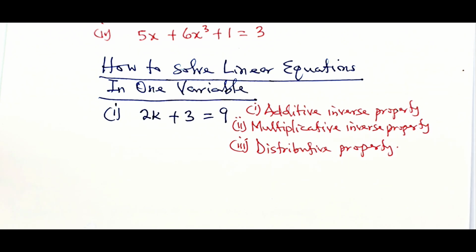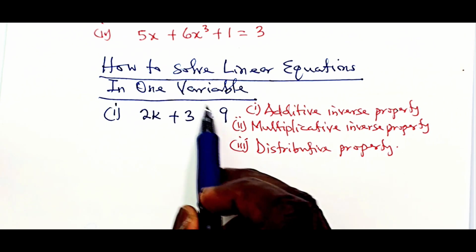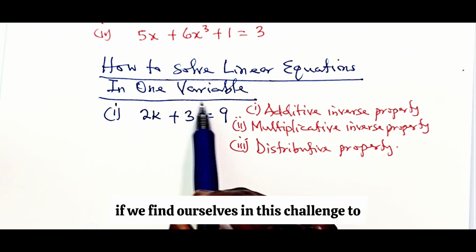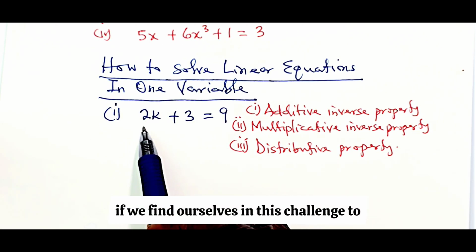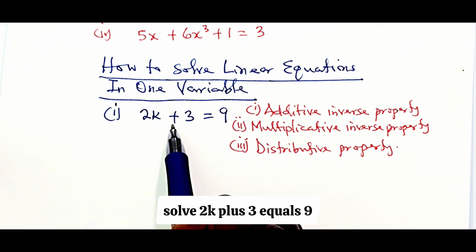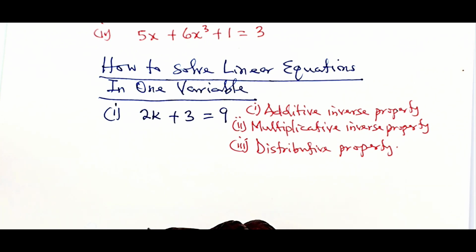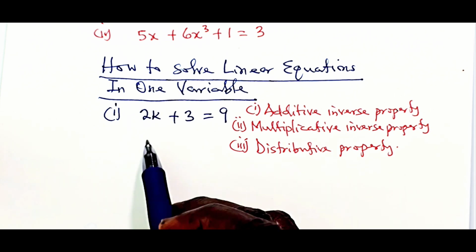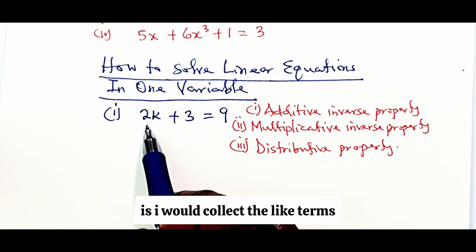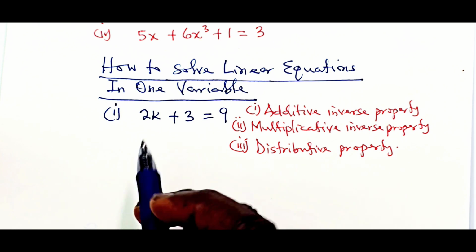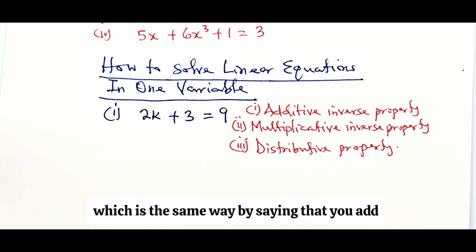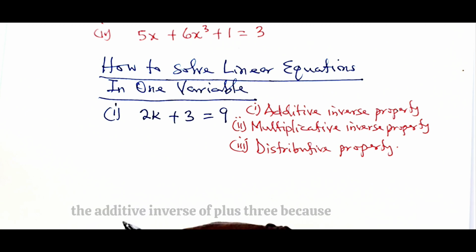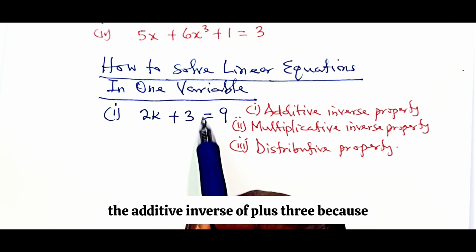What should we do if we find ourselves in this challenge to solve 2k plus 3 equals 9? The first thing I would do is collect the like terms, which is the same as saying that you add the additive inverse of plus 3.